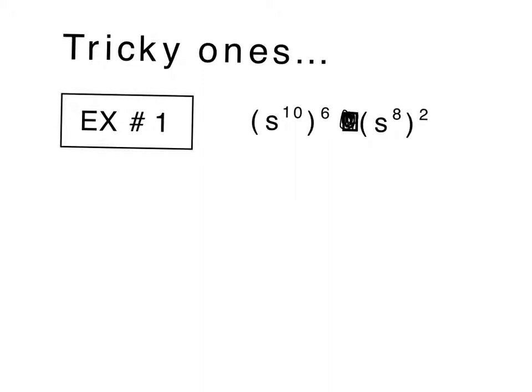Okay, so we have s to the 10 to the 6th power. We know that for power of a power, you multiply the exponents there. So 10 times 6 is 60, so we have s to the 60. And then s to the 8 times 2 is 16, so that would give you s to the 60th times s to the 16.